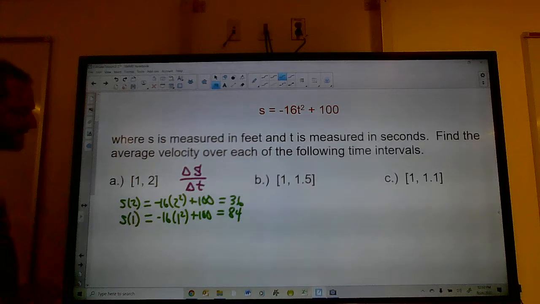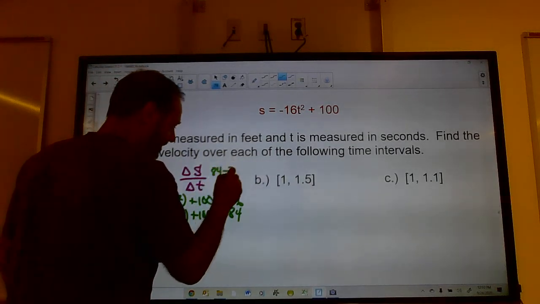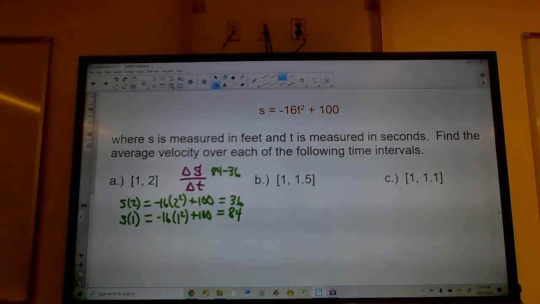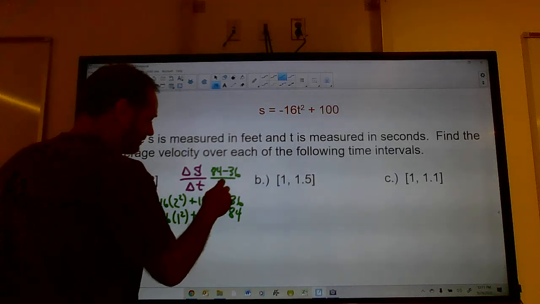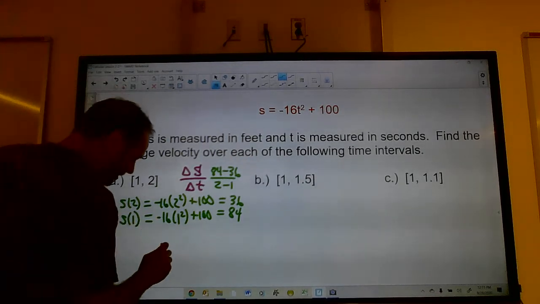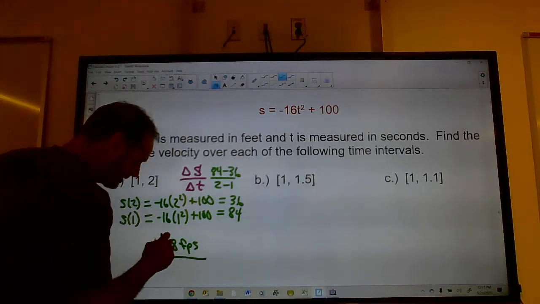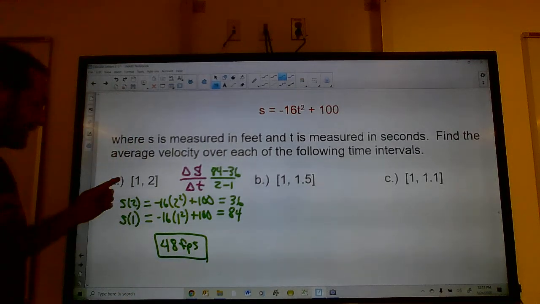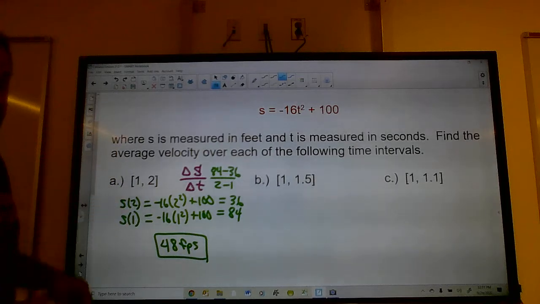So the change in s is going to be 84 minus 36. The change in t is going to be 2 minus 1. So 84 minus 36 is 48, divided by 1. That's going to be 48 feet per second. Now, it's actually going to be slower than that at 1 second and faster than that at 2 seconds, but that's the average rate of change there.